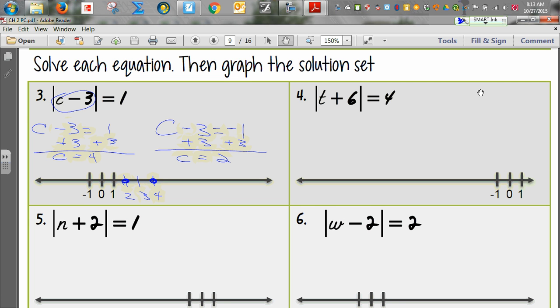Now, if you notice on 3, 4, 5, and 6, can I do 2 scenarios on each one of those? Can I do 2 scenarios? Because none of my answers are what? Negative, right? Think you guys can do the rest? Yes. Okay, good.